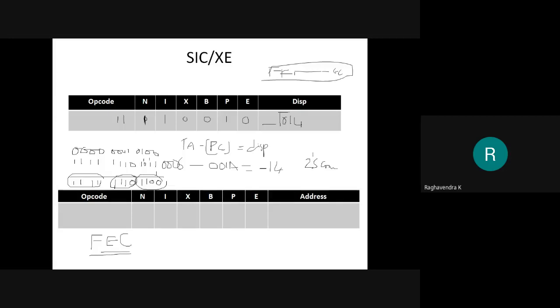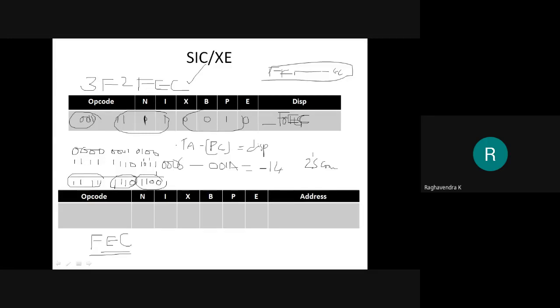It's a negative displacement, so it is FEC. Now the instruction is 3, this is 0, 1, so this is 3. This one is 3, 1, 1, 1, 1, F, I believe. So this is 2, then F, E, and then C. Got it? This is how we handle the negative displacement.